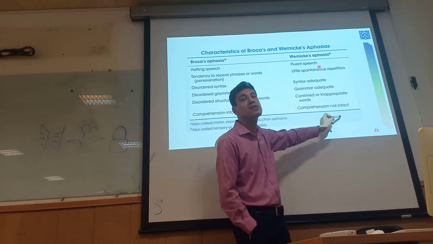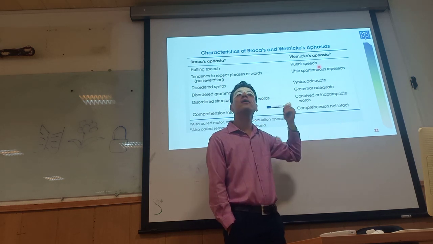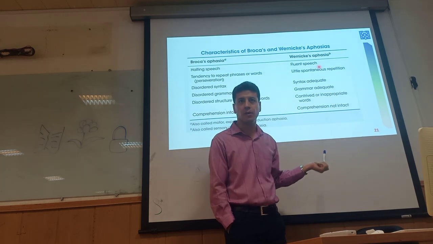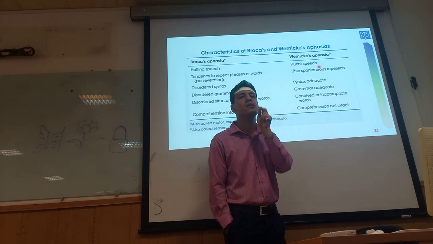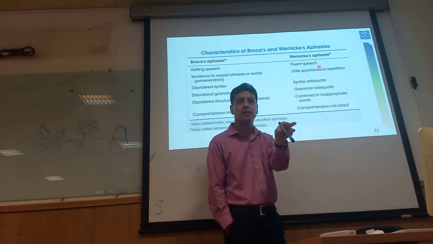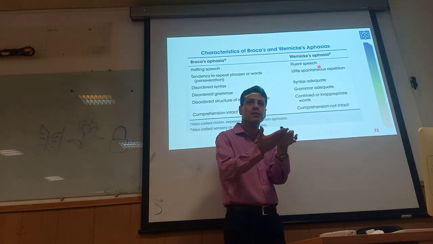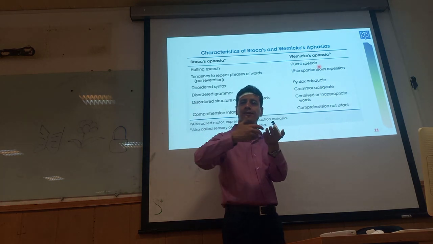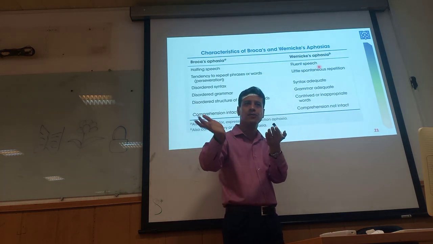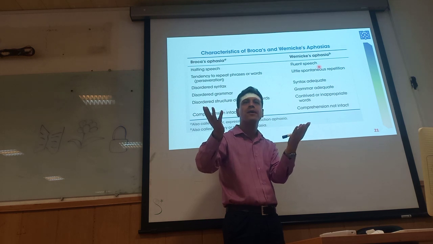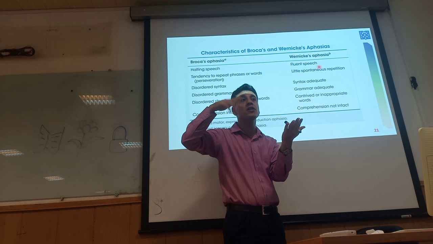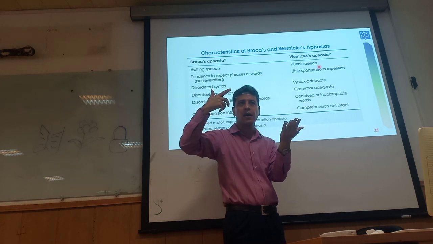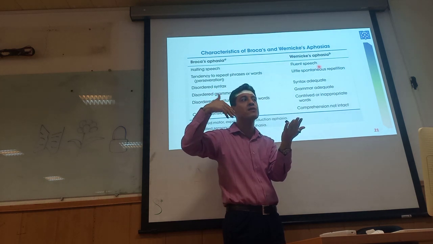So, in a person with Wernicke's aphasia, the Broca area is okay, is normal. Broca's area is for speech, for talking. So there is no problem with talking. The person can talk fluently. Grammar is okay, syntax is okay, everything is okay. But Wernicke's area is important for thinking, the content of the language, and making it understandable.